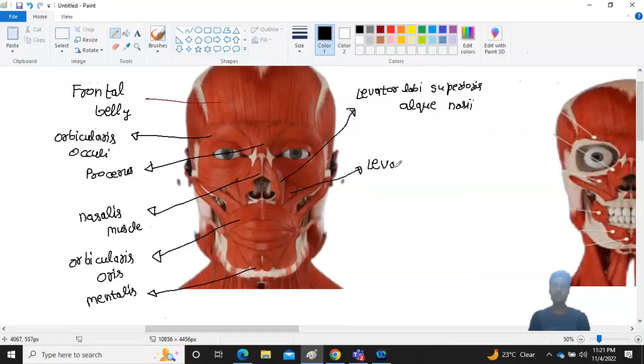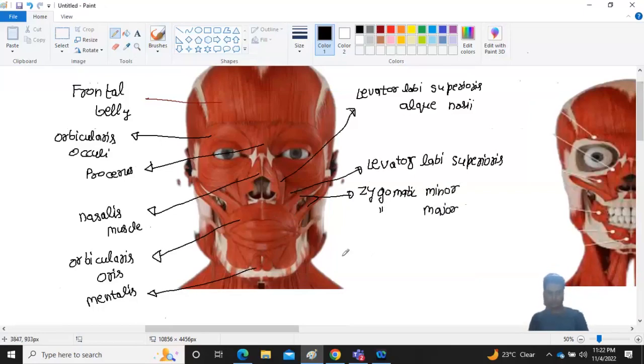These are in sequence. And these are the two muscles, zygomatic major and minor. We can write zygomatic; first is minor, then major. Zygomatic major.